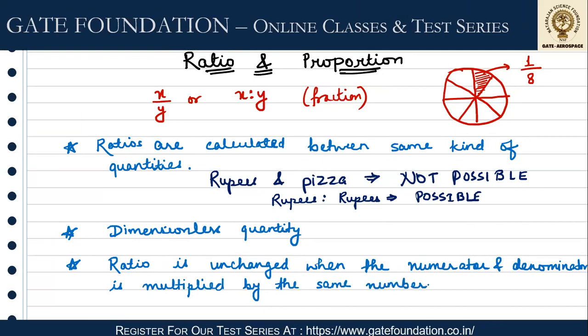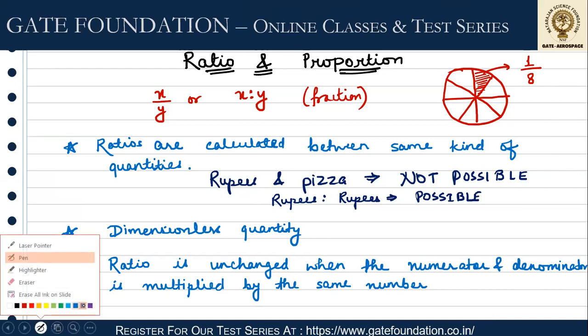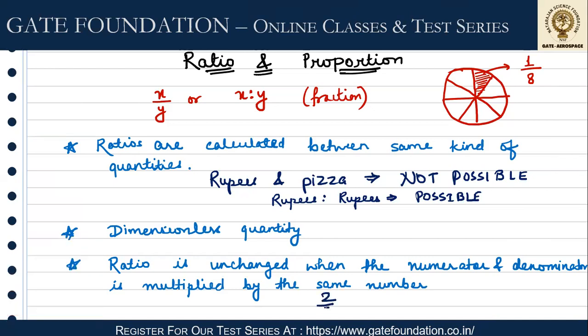So मेरा बताने का वैसे तो मतलब नहीं बनता, but yes, since we are starting it, we will complete it from the scratch. Ratio is unchanged if I multiply the numerator and denominator by the same number. So the ratio of 2 by 3 is equivalent to 4 by 6, which is equivalent to 6 by 9. Right, so these ratios are equal.